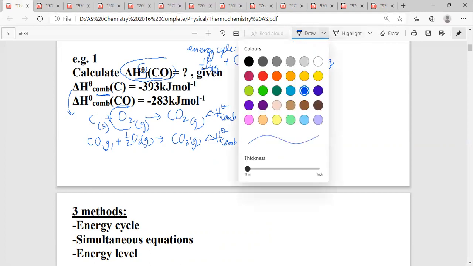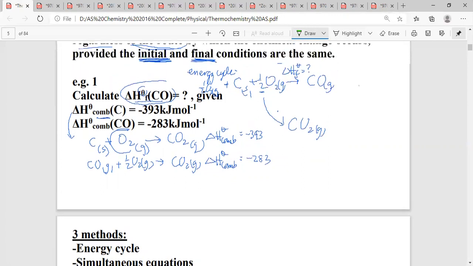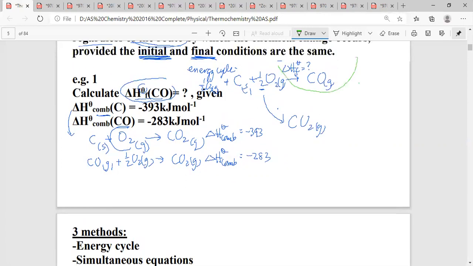Put green color. Pretend this is not there. So from here to here, one mole of carbon plus one mole of oxygen, half plus half, gives you CO2, and this is minus 393. Whatever I put on this side, I must put here plus half O2 to balance.